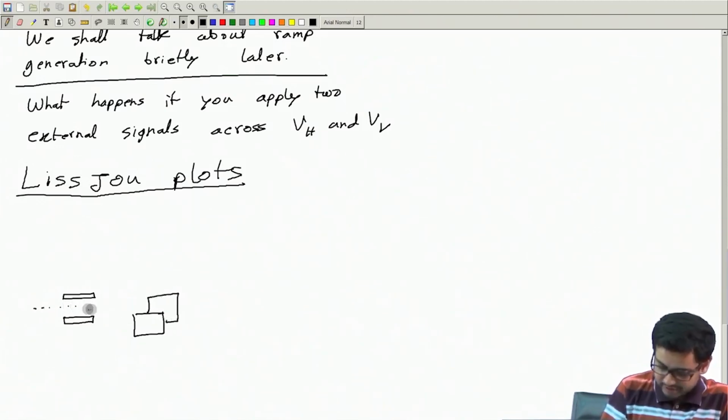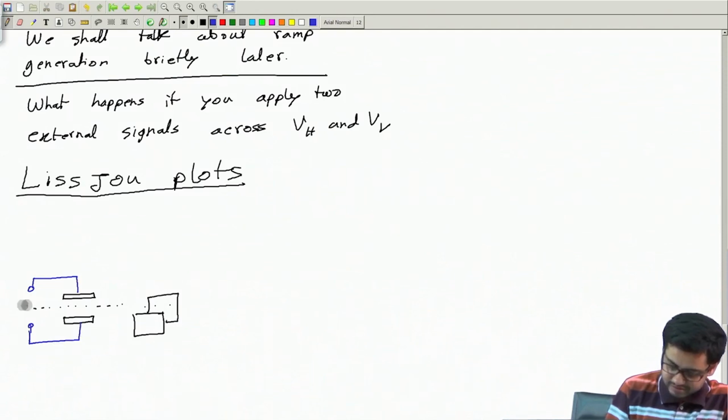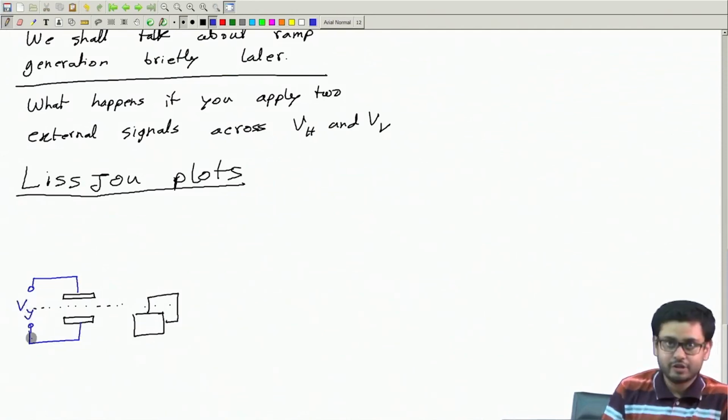The electron beam is flowing through them, and we are applying a voltage, let me call it Vy, because this voltage deflects the electron beam along the y direction, vertically.